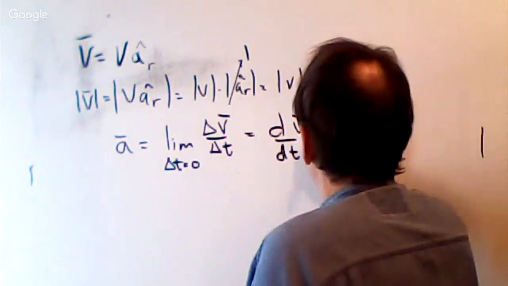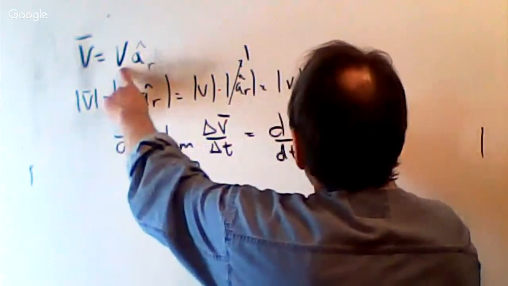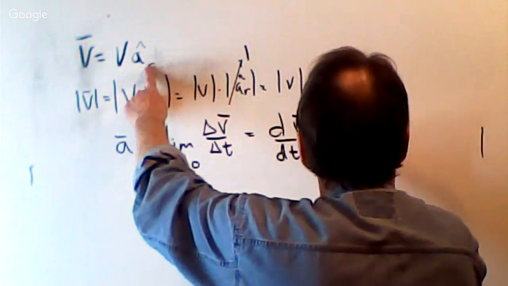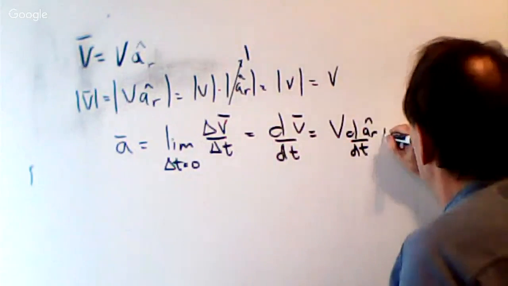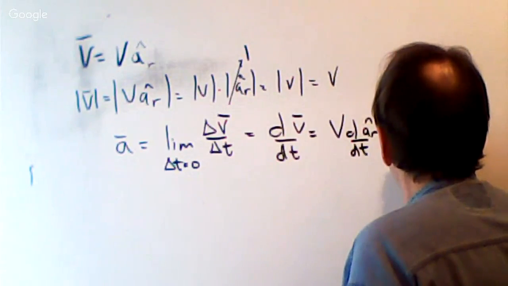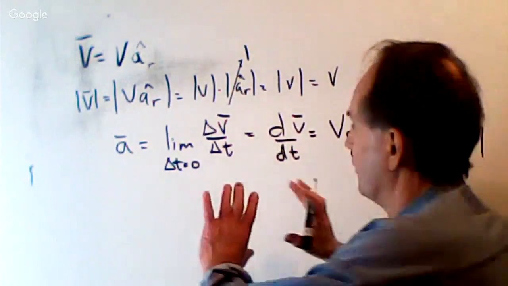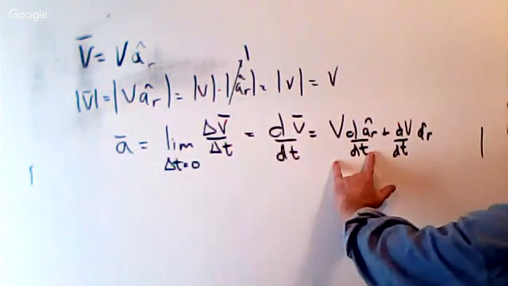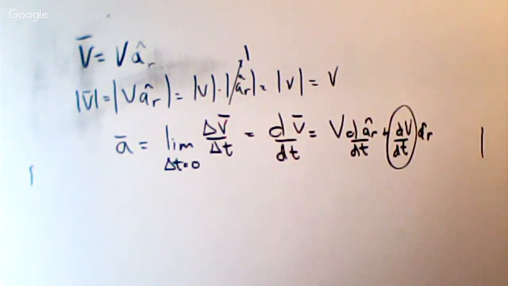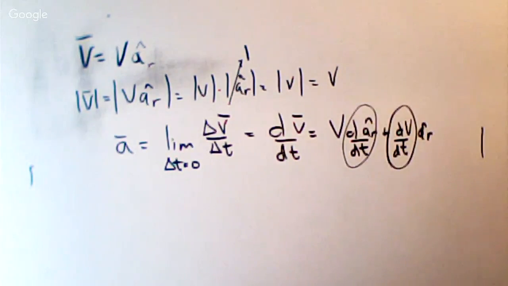And when you take the derivative of changes in a vector, this is v times the derivative of the unit vector, a sub r, with respect to time, plus the derivative of the magnitude with respect to time times the unit vector. So when you look at acceleration, you end up with two components. One component involves the rate of change of its magnitude, and the other involves the rate of change of its direction.